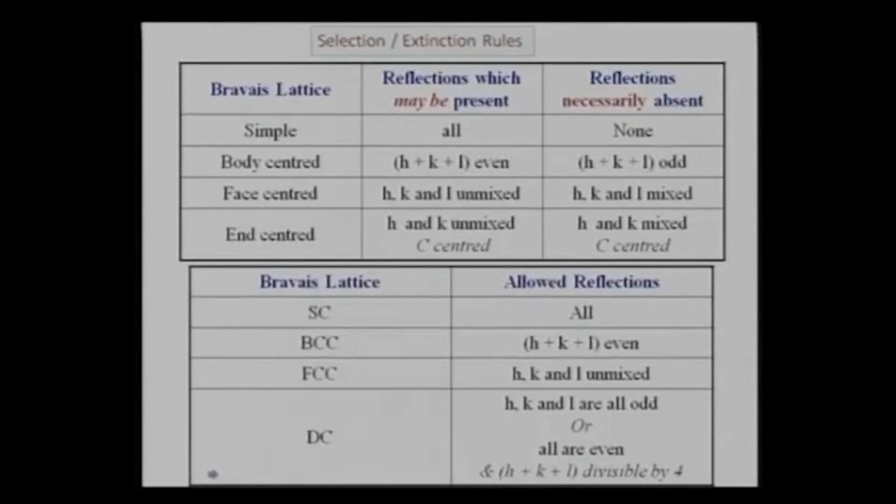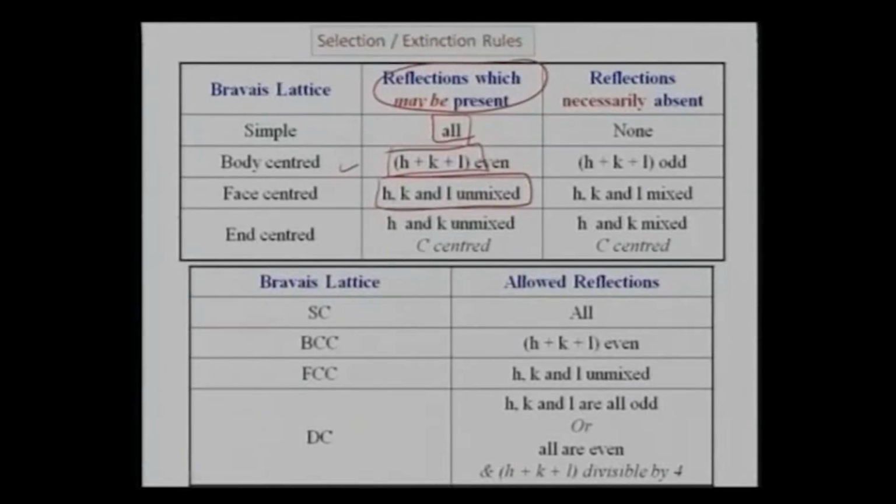And this thing we might have already learnt in X-ray diffraction: for a simple cubic, all the reflections may be present. For a body centered, I have only H plus K plus L Miller indices, which when the combination is even, I get my reflection. For face centered, I should have H, K and L which are unmixed. It means all H, K and L have to be all odd, or everything has to be even.